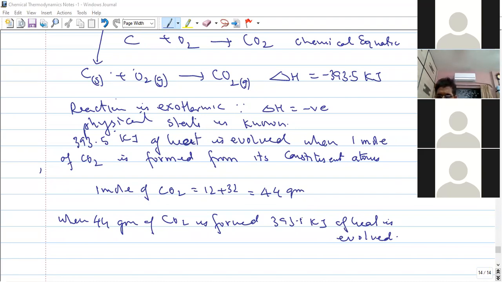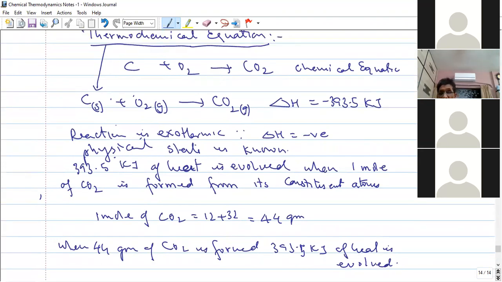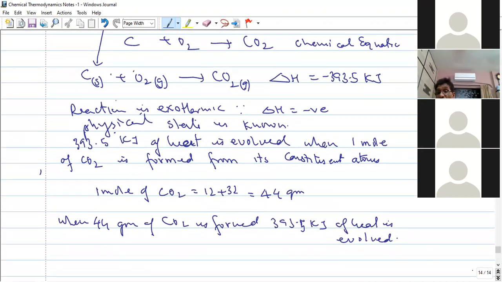Am I right? So this is the information from the thermochemical equation.